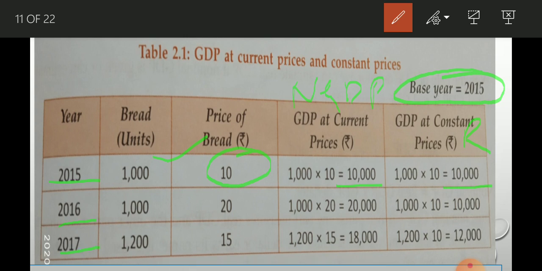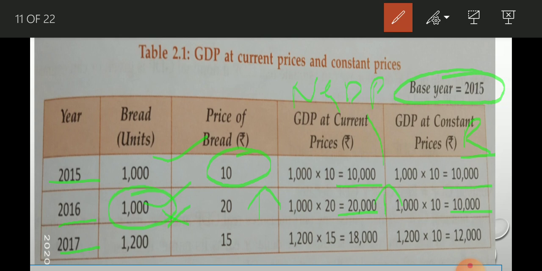In 2016, bread production is again 1,000, but the price has increased. Actually it has doubled, and because of that the nominal GDP, our GDP at current price, has doubled from 10,000 to 20,000. But when we calculate real GDP, it is still 10,000. It means when there is no increase in production of goods, still there is an increase in nominal GDP, but real GDP only increases when there is an increase in production of goods and services.